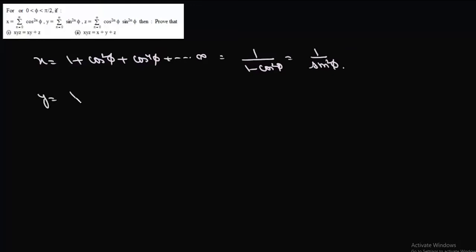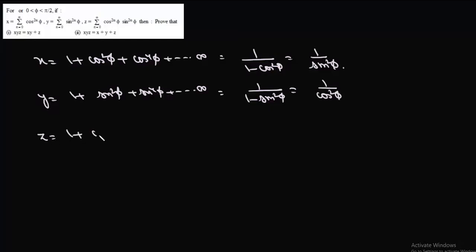Now y is 1 plus sin square phi plus sin to the power 4 phi up to infinite, and this is 1 upon 1 minus sin square phi, which is 1 upon cos square phi, and z is 1 plus cos square phi into sin square phi plus cos to the power 4 phi into sin to the power 4 phi up to infinite, which again is an infinite GP, which is a upon 1 minus r.